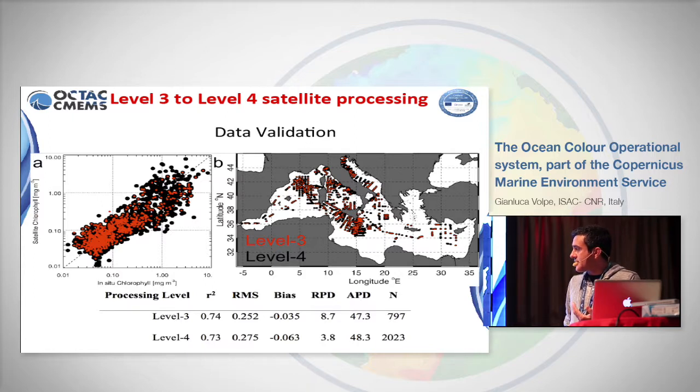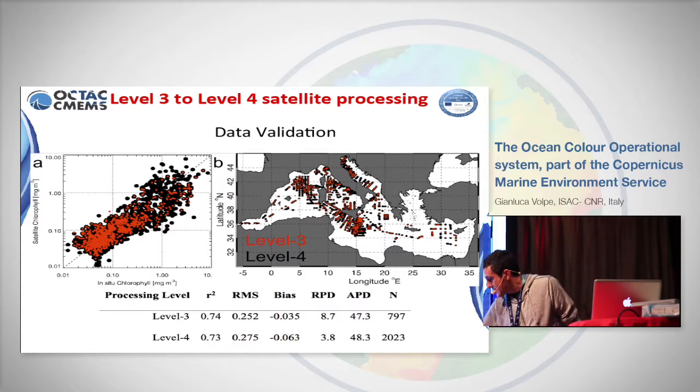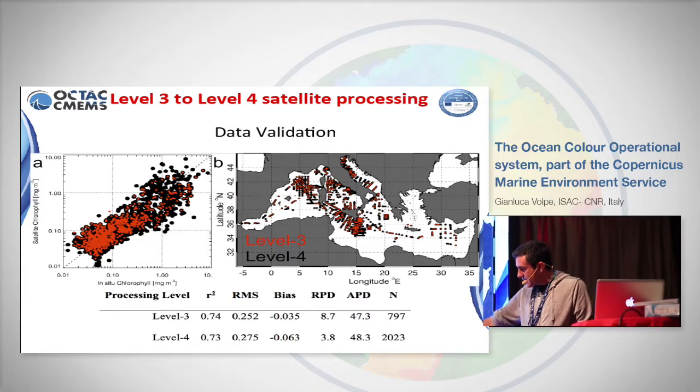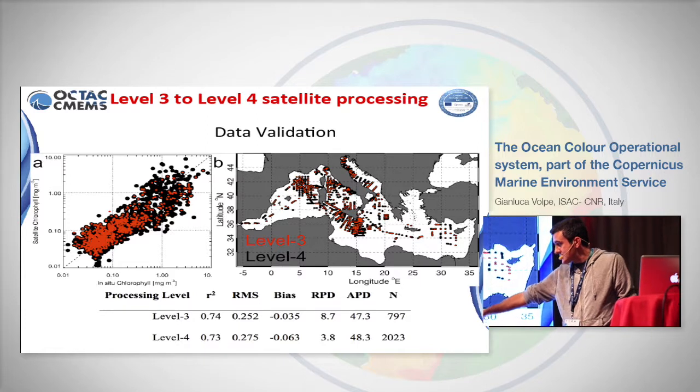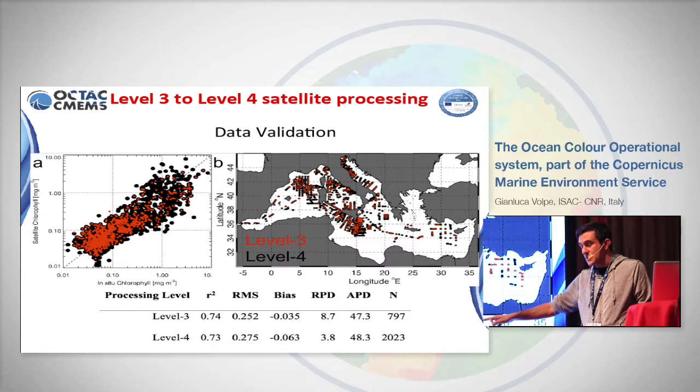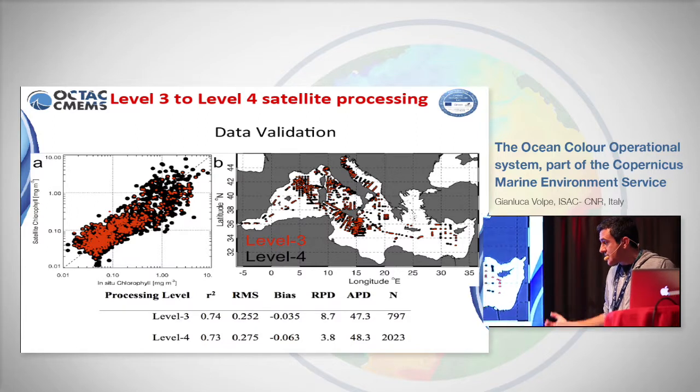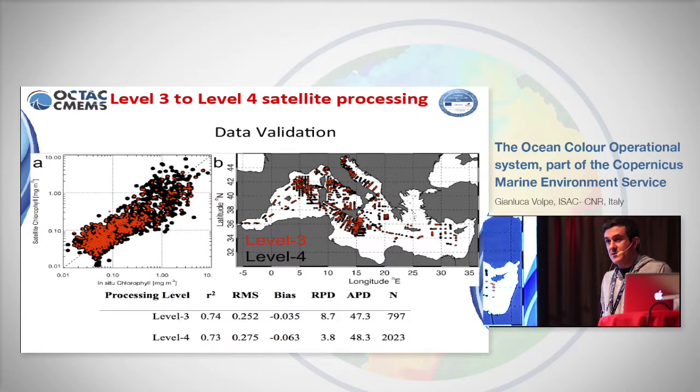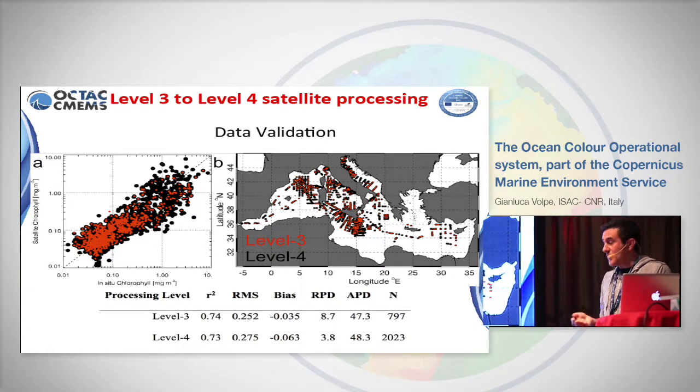And we see that we gain as much as 3 times the number of matchups with the level 4, an enormous increase in the number of observations, still keeping the same percent bias, the absolute percentage difference, while reducing incredibly the relative difference, which is the root mean square percent, pretty much having the same performance. And that's it.